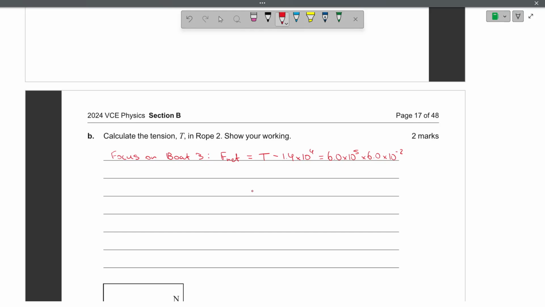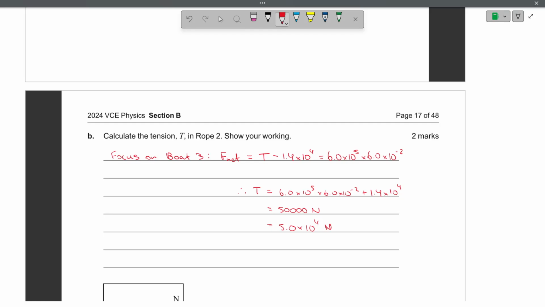Okay, and then solving for T, we end up getting, I'll just write it all out, 6 times 10 to the 5 times 6 times 10 to the minus 2 plus 1.4 times 10 to the 4, and shoving that on a calculator, we end up getting 50,000 newtons, or 5 times 10 to the 4 newtons.